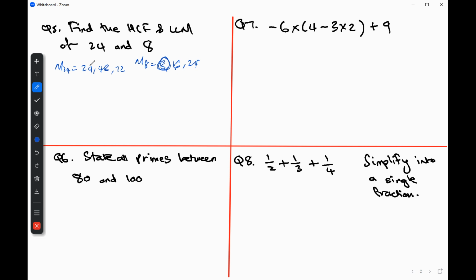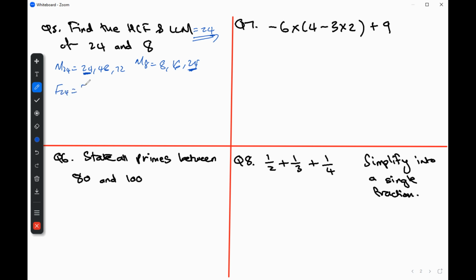24 is the lowest common multiple because 8 times 3 is 24. All right, sorry, I'm just getting the words jumbled up. So 24 is the first number that is a multiple of both 8 and 24. And so my lowest common multiple is 24. Now let's go to highest common factor.